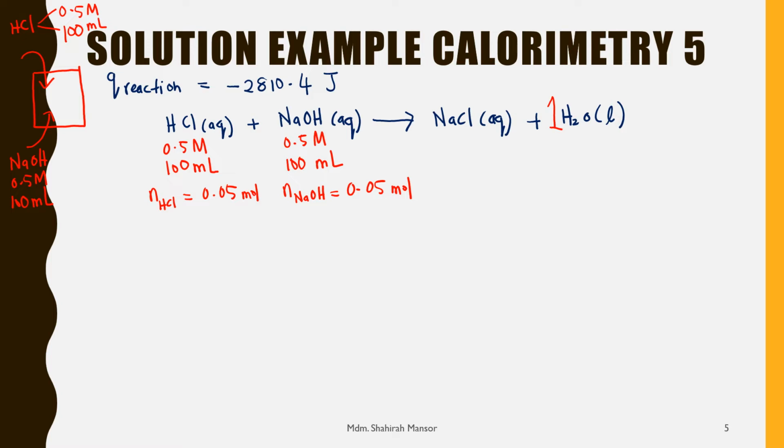Okay, so daripada nilai 0.05 di sini, bila kita react 0.05 mol HCl dan juga 0.05 mol of sodium hydroxide, this reaction akan menghasilkan bilangan number of mole yang sama lah untuk water, which is 0.05 mole juga. Kenapa? Sebab according to the stoichiometry perkadaran, 1 mole of yang ni equivalent to 1 mole of water. 1 mole of this one pun equivalent dengan 1 mole of water.